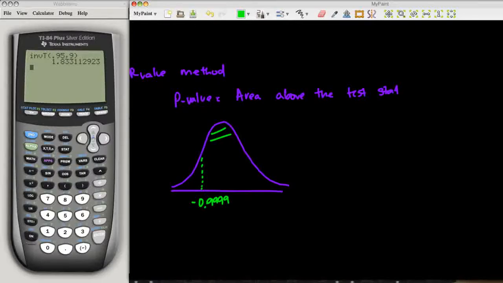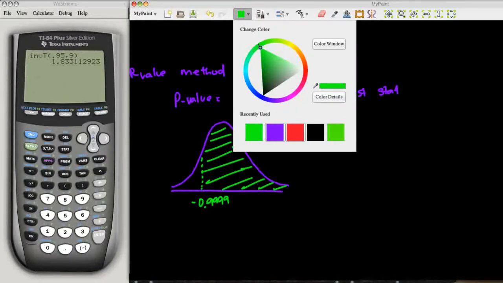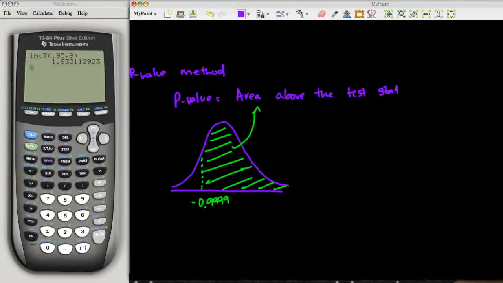And I'd like to find the area above, and if I find that area, that will be the p-value. How do I find it? Well, since the p-value is the probability, it's the area under the curve, so you can use CDF functions. Since the test statistic has a t-distribution, you'll be using a t-CDF.